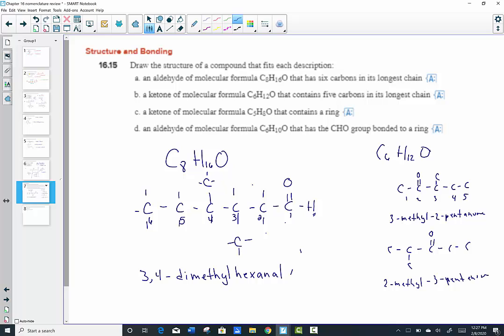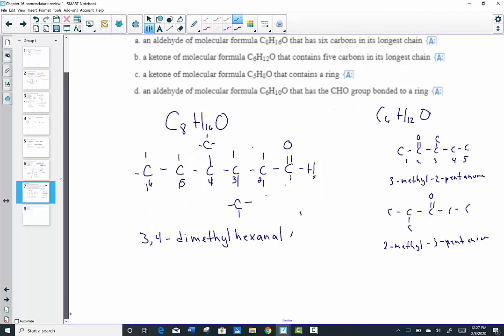That's a 5-carbon chain. Well, let's see letter C, a ketone with the formula C5H8O, and it has a ring. All right, so let's draw a house. 1, 2, 3, 4, 5-membered ring.